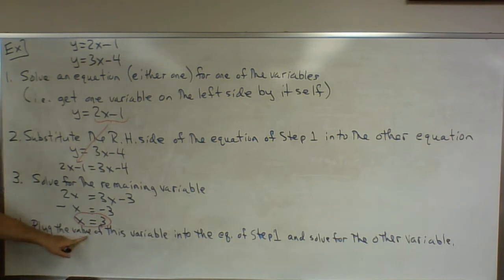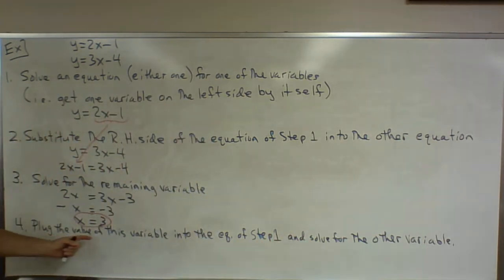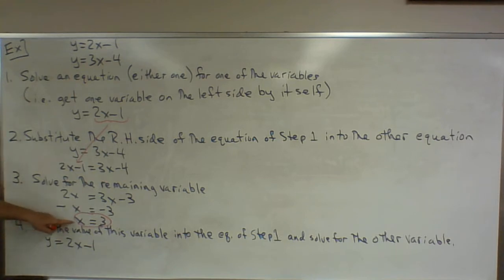So take the value of the variable in step 3 and plug it into the equation of step 1. Okay, here's my equation in step 1. y equals 2x minus 1. And I'm going to take this value of x and plug it into that equation.